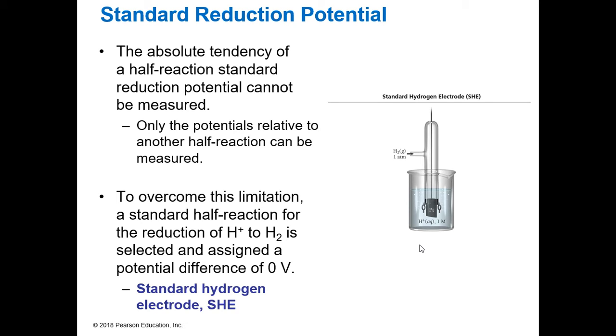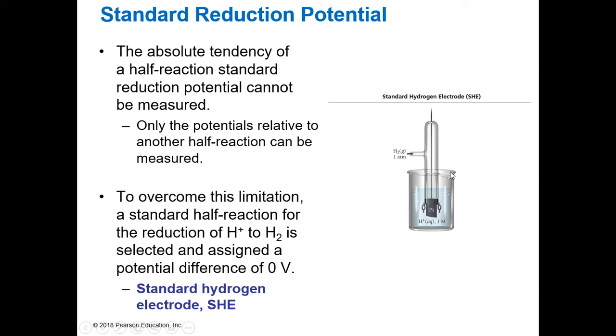So what we have is we actually have a standard. We call this our standard hydrogen electrode. It helps us determine the potential difference between all of our other reactions. So we call this reduction of H plus to H2, and we assign the standard hydrogen electrode as having a voltage of 0.